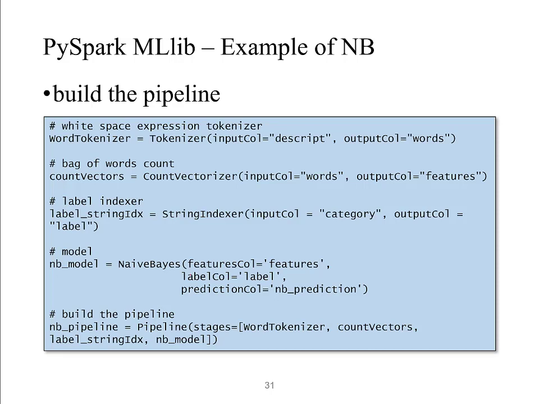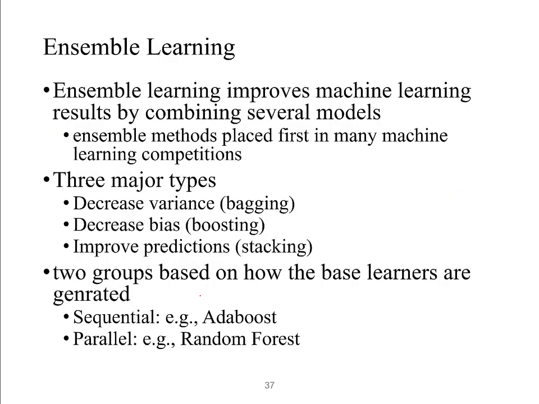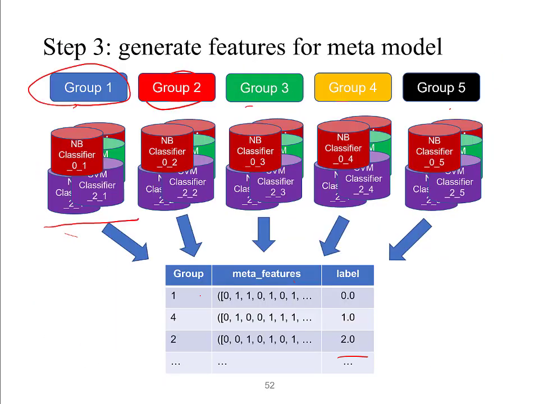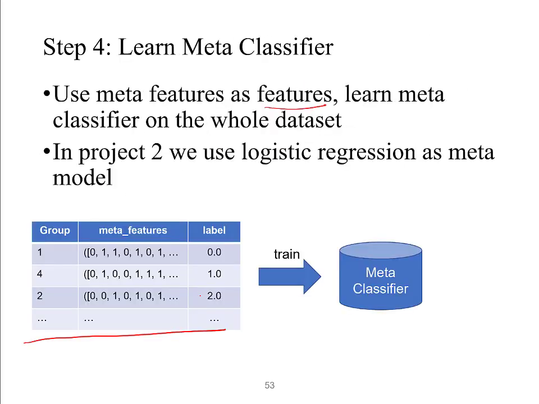When you build the pipeline, you need to specify the features column and the label column. So here we use meta features as features, so this is the feature column, and this is the label column.